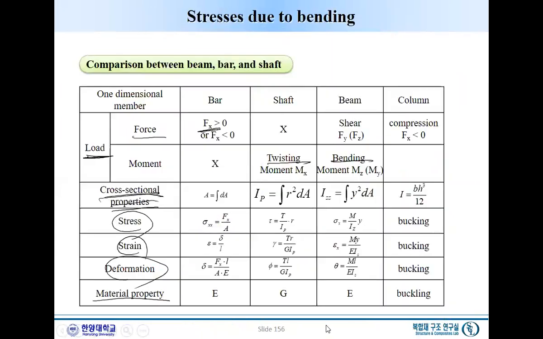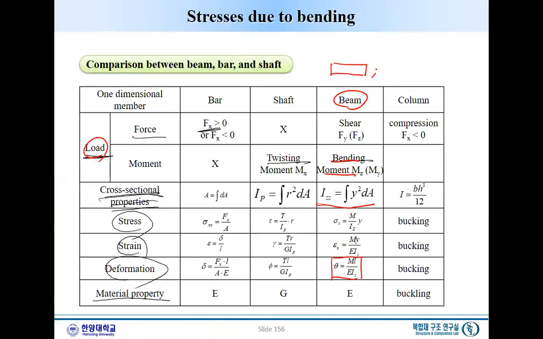So here is the comparison for the beam. See, the load is the bending moment, and moment of inertia is by definition y squared dA, and deflection in this case is the angle of rotation.